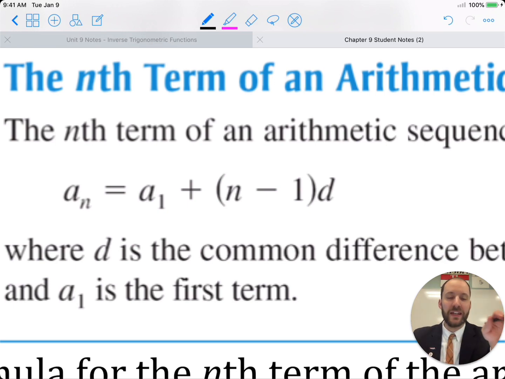So a sub n, the nth term, whatever you want, take your first term, a sub 1, add 1 less than n times your common difference.